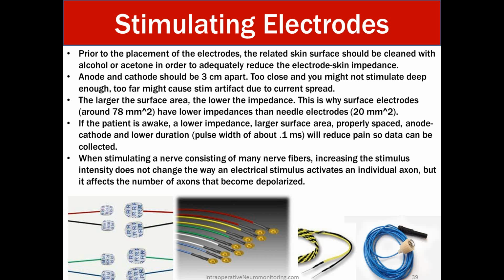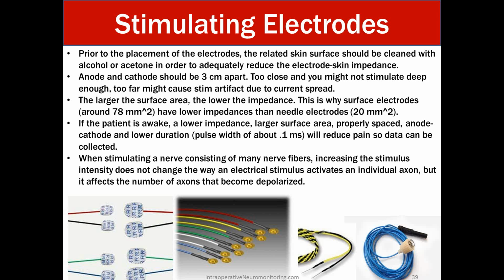If the patient is awake, a lower impedance, large surface area, properly spaced anode and cathode, and lower duration or pulse width of about 0.1 milliseconds will reduce pain so that data can be collected. So those are important to remember if your surgeon says we need to do awake baselines. Go ahead and do SSEPs before we put the patient asleep or we do intubation.